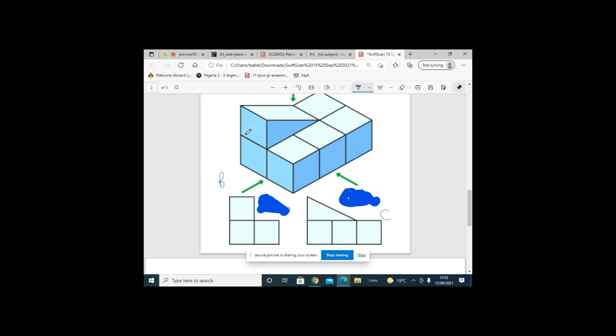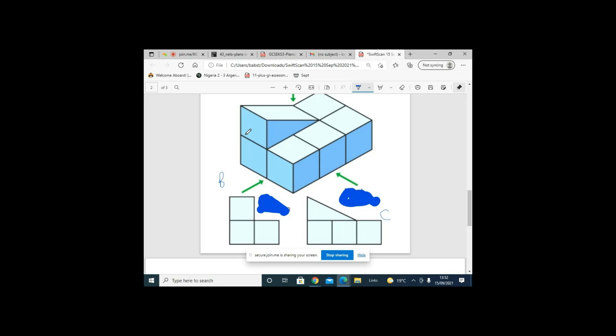The question is actually more difficult than this. I said with this it looks easy, but the real question is more difficult. Some questions can ask you to draw.